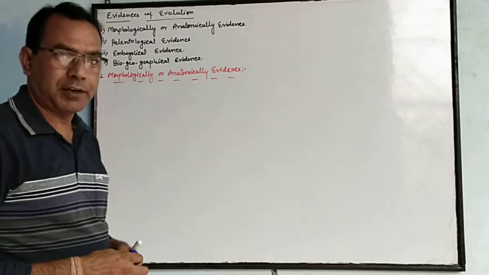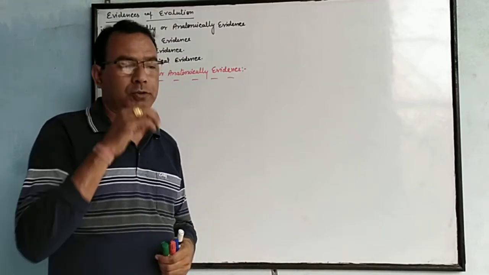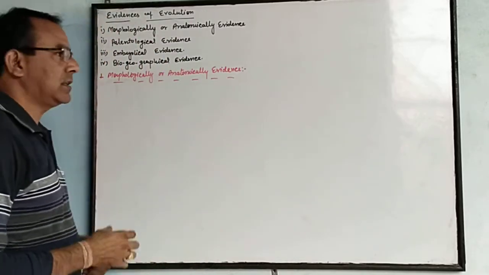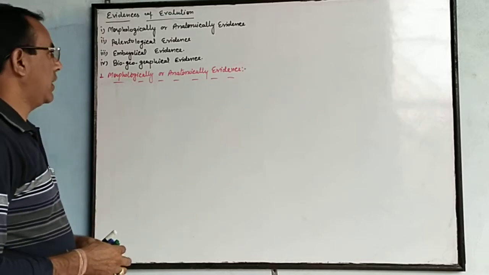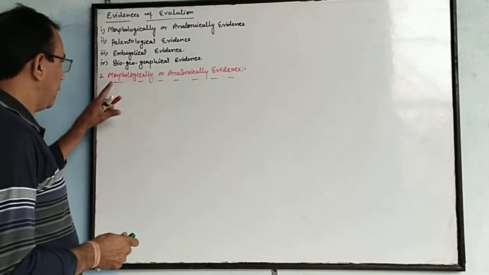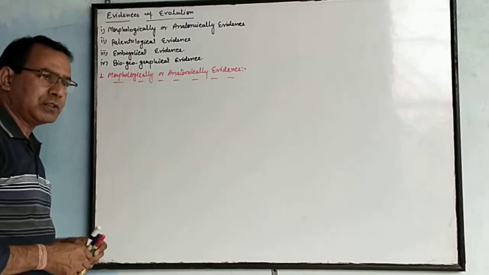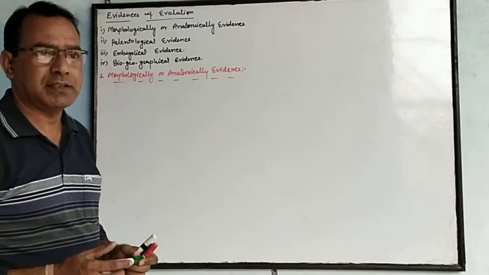Next one is paleontological evidences, third one is embryological evidences, and next one is biogeographical evidences. We have already discussed the morphological and anatomical evidences.